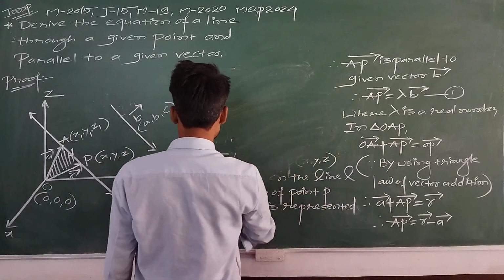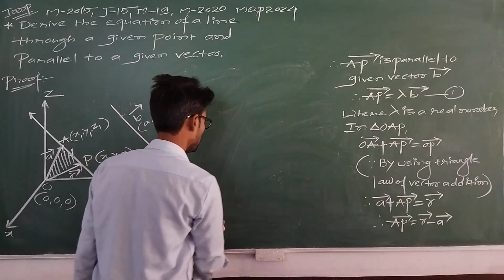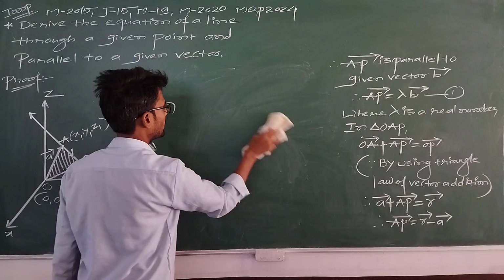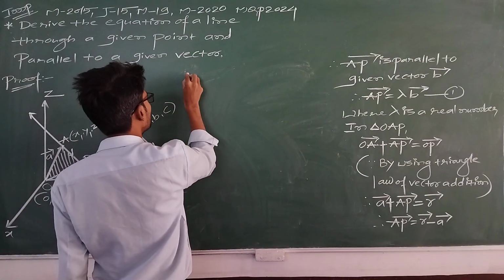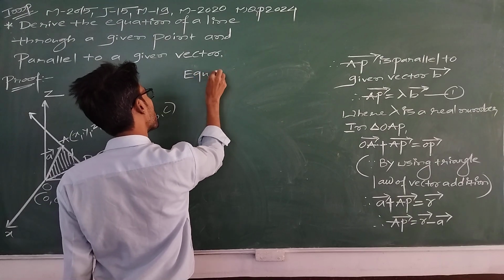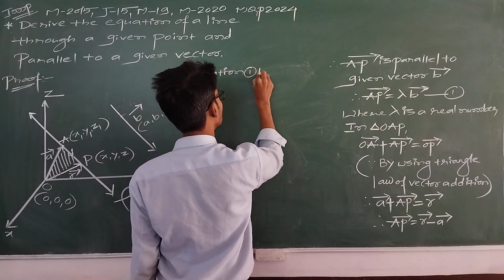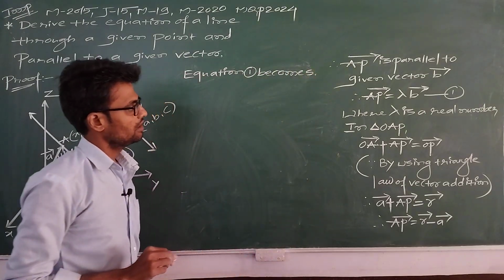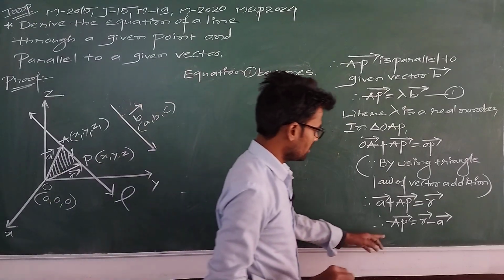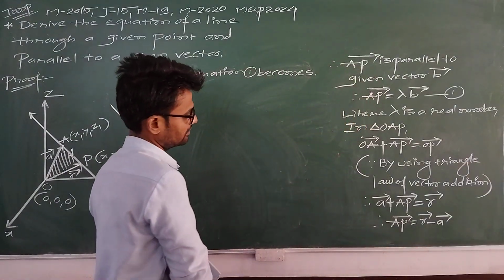Substitute in equation 1. So therefore equation 1 becomes AP vector equal to R vector minus A vector.